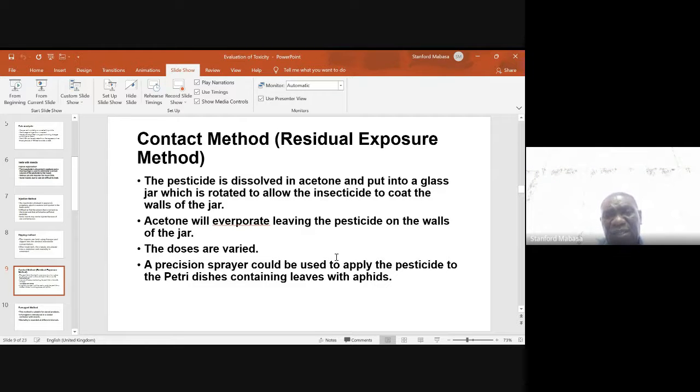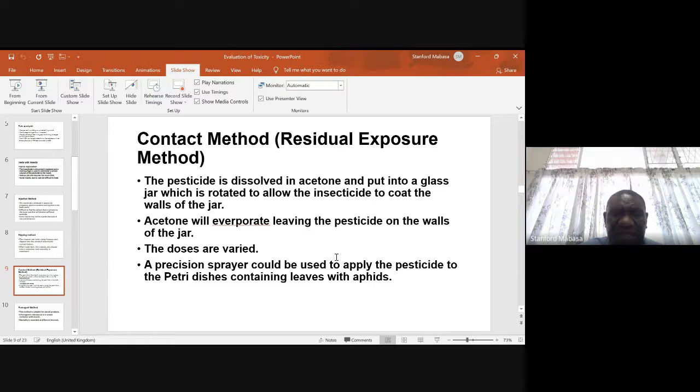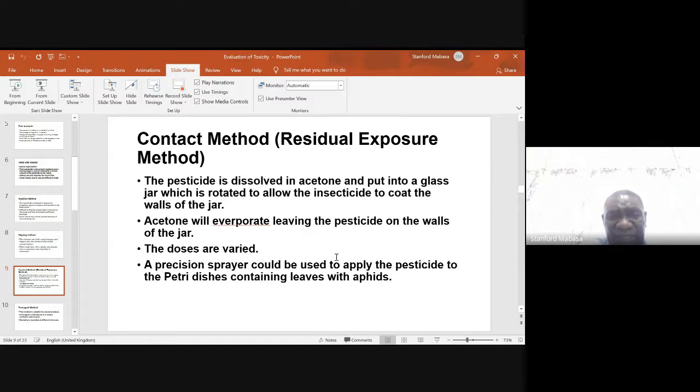Or if you don't want to use a jar, you can use what is known as a precision sprayer, with which you can apply the pesticide to various petri dishes containing leaves with probably aphids.